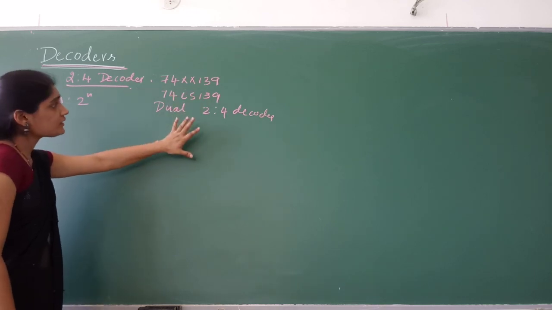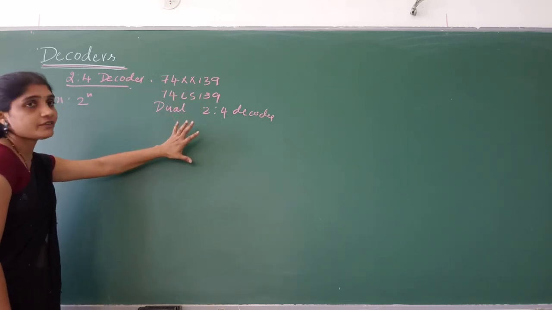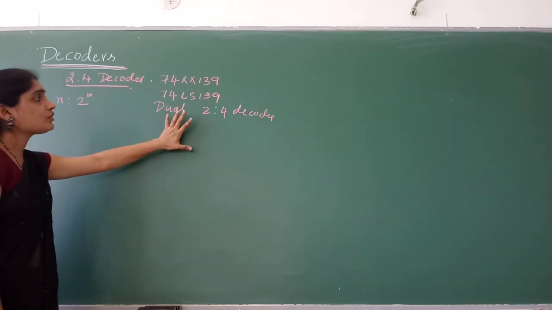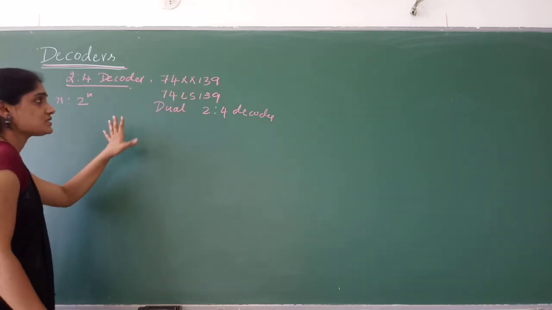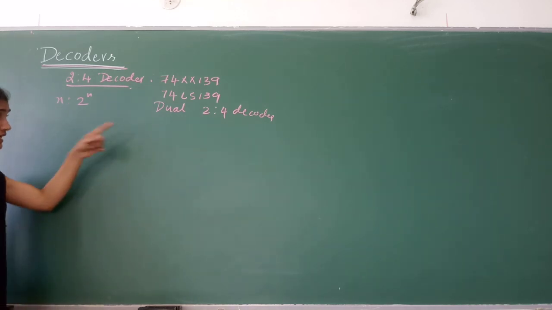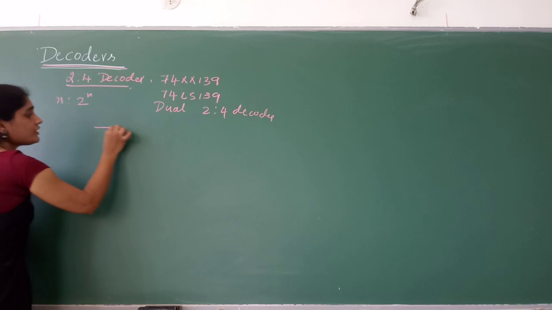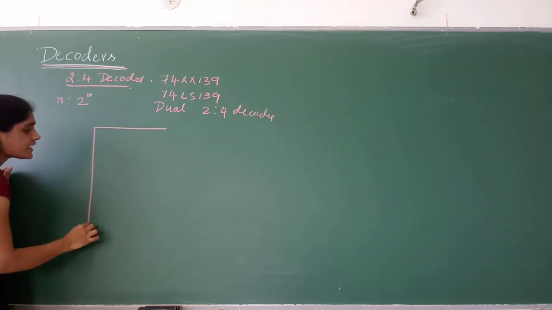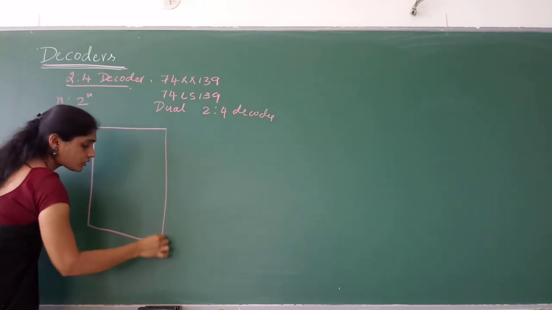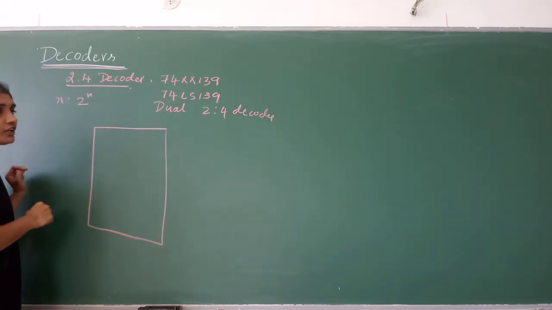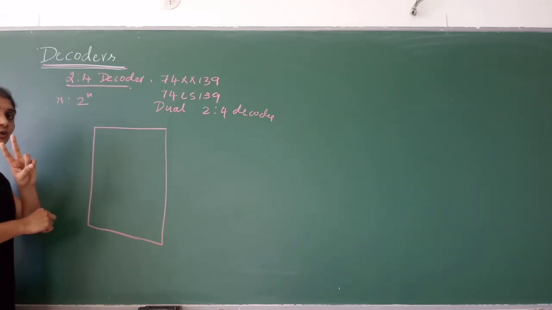Before we write the truth table, first let us write the IC of 74LS139. How will the IC 74LS139 look? The same IC you will be using in your lab, so please be very attentive. I said we will have two 2:4 line decoders. For a 2:4 decoder, how many inputs? 2 inputs, right?